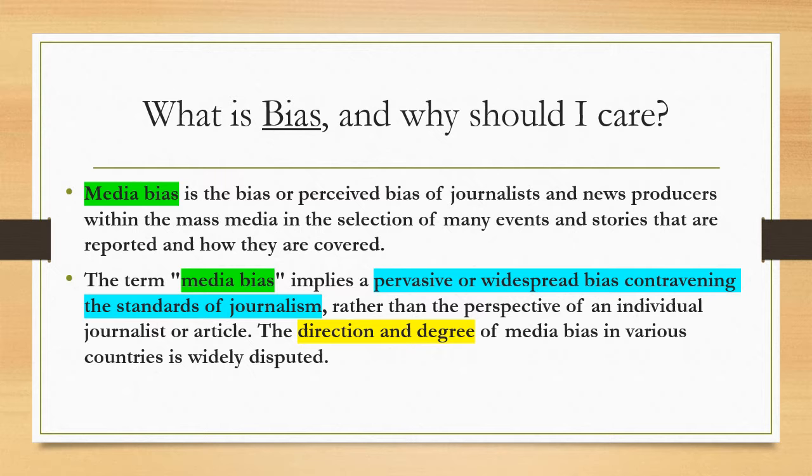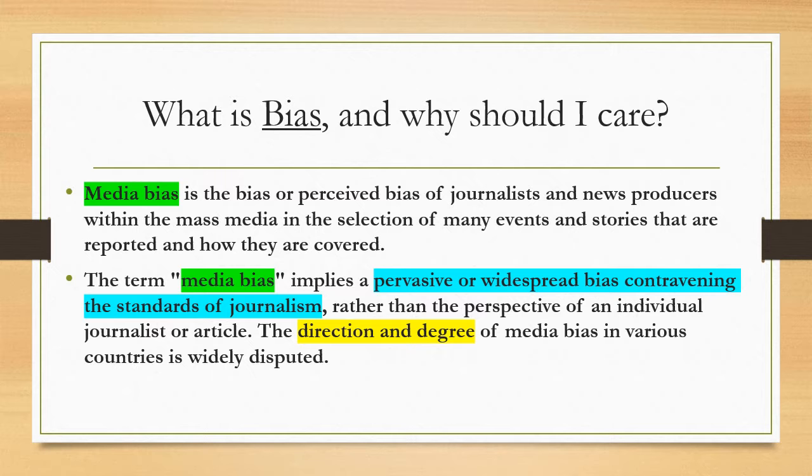The term media bias implies a pervasive or widespread bias contravening the standards of journalism. That's a great word, contravening. Basically, the term media bias implies non-journalistic integrity, or doing journalism that isn't moral or ethical, rather than the perspective of an individual journalist or article.